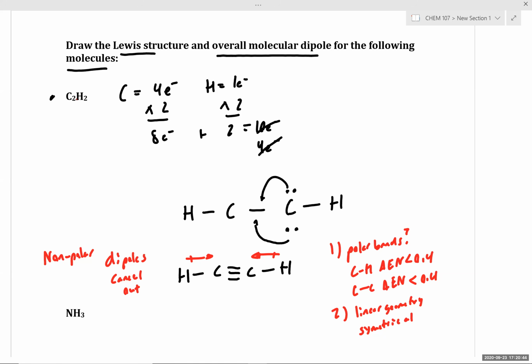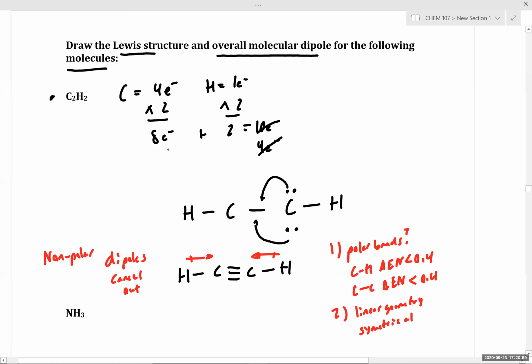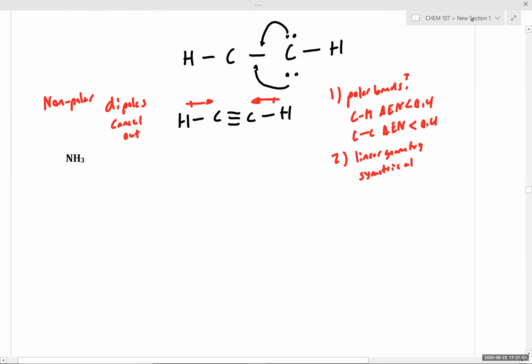Does that make sense? Any other questions on this example? So let's have you work on an example now. I'd like you to draw a Lewis structure for ammonia, and I'd like you to tell me whether it's polar or non-polar.